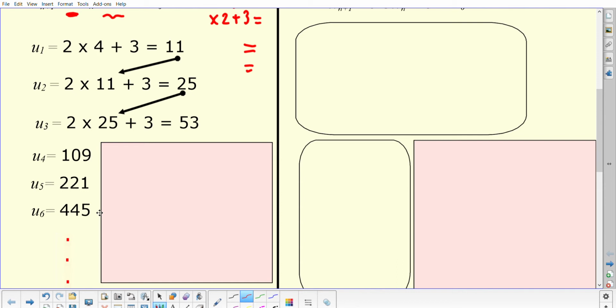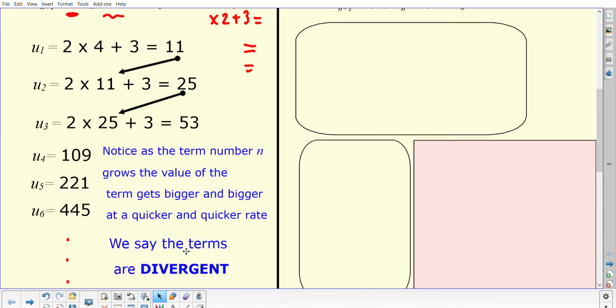So what we should be noticing in this particular sequence is that as we get higher term numbers, the value of the term is also getting bigger and bigger, almost like it's doubling up. In this particular case, we see the terms are divergent.